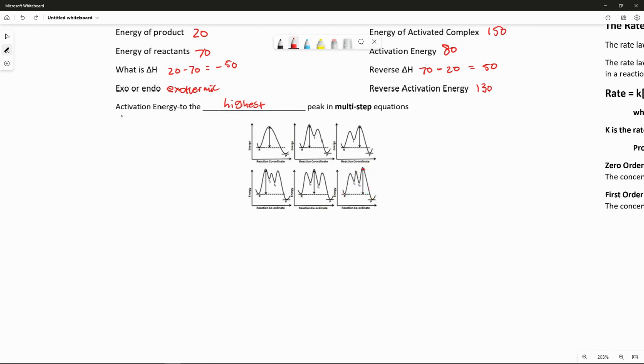In this, we always take a look at the highest curve. This right here is going to be the activation energy. No matter how many curves you have, it's always going to be the highest curve. So take a look at number 3 here, and this is going to be the most obvious. If we have this smaller curve here and a bigger curve here, we're always going to take into account the biggest curve, which is going to be our activation energy.